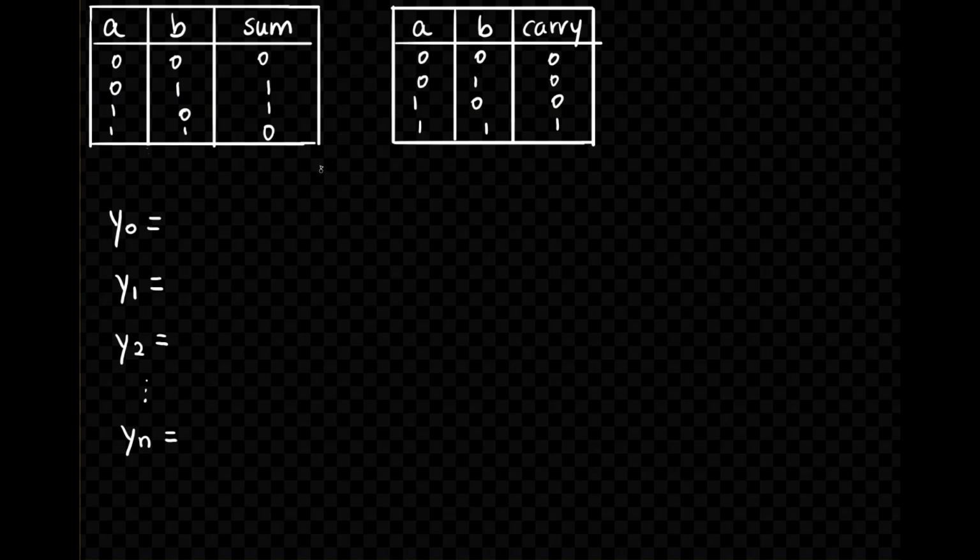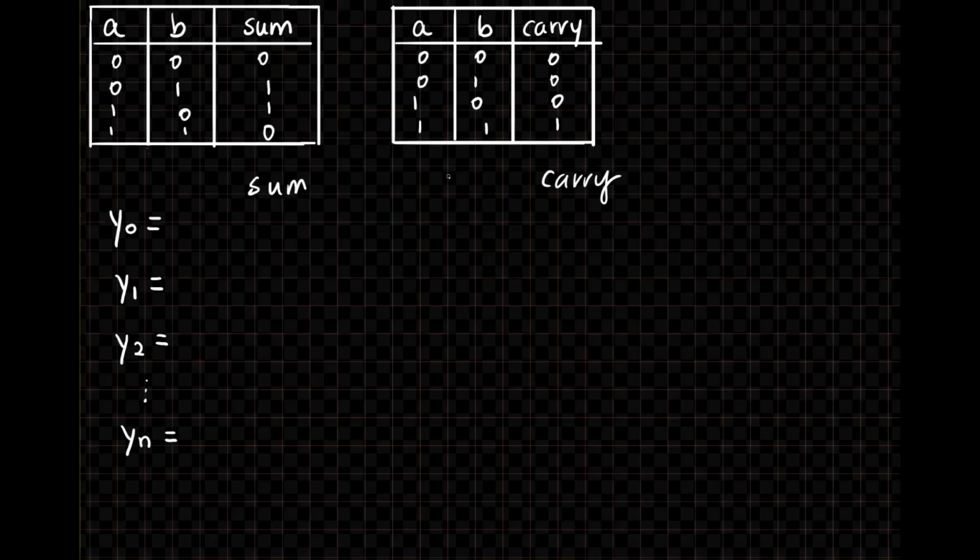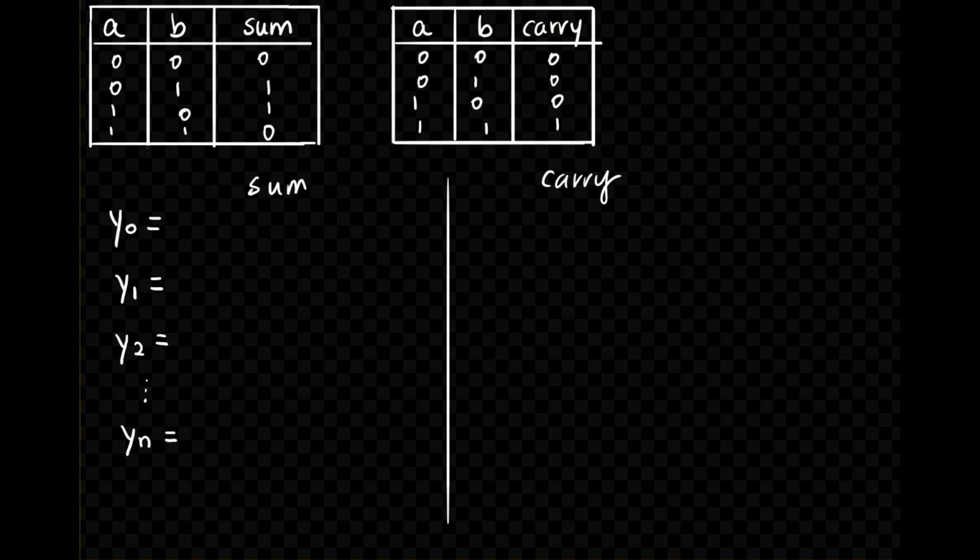Now the sum is actually quite easy. So I'm going to write out the sum and the carry separately, the expressions. I'm going to call the carry for y0, c0.